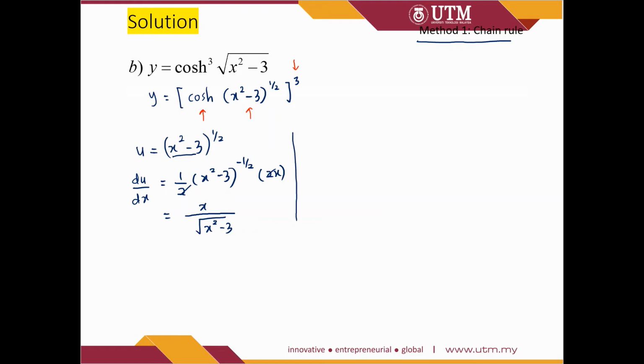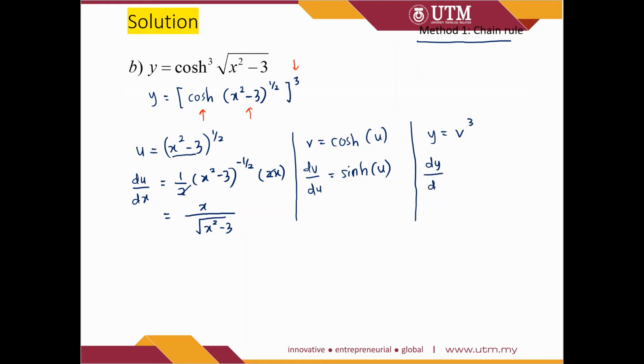Okay, now we denote the second function, which is v equals cosh of u. So dv over du would be sinh u. And the third one is y equals v to the power of 3, where cosh u is denoted as v.